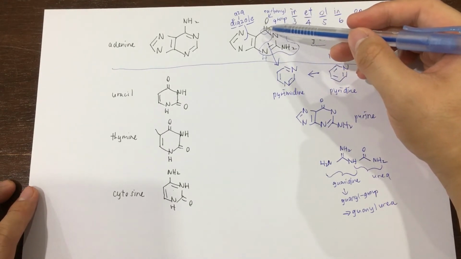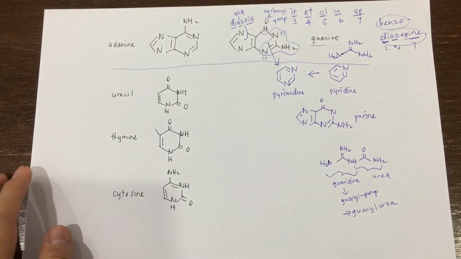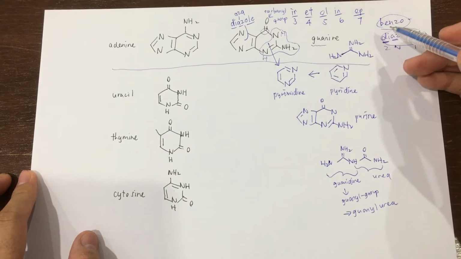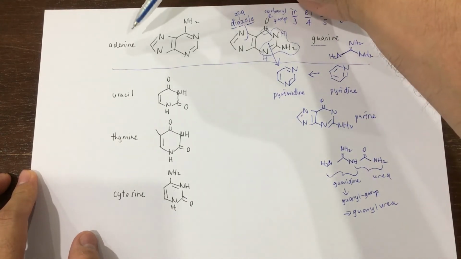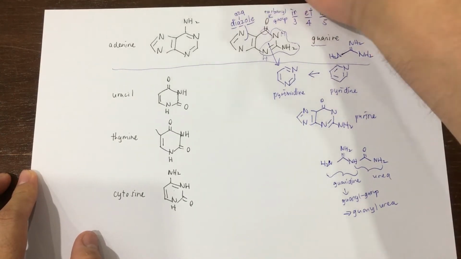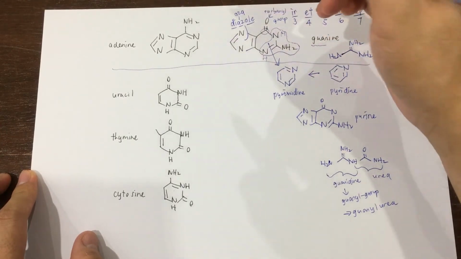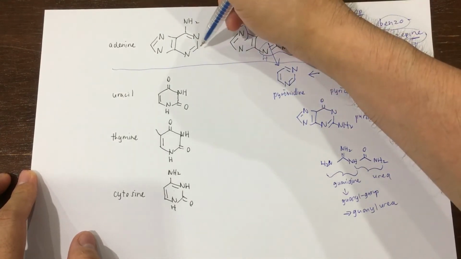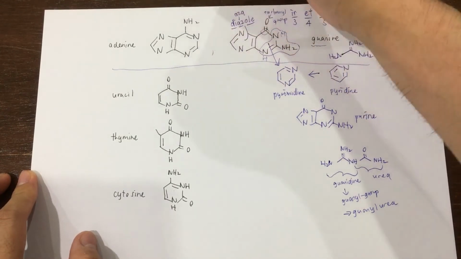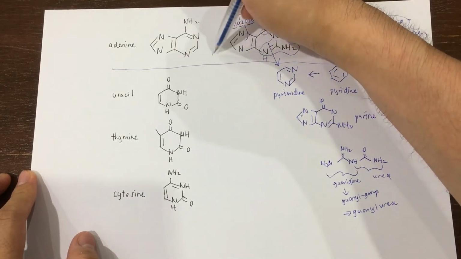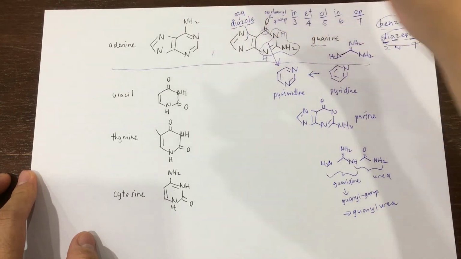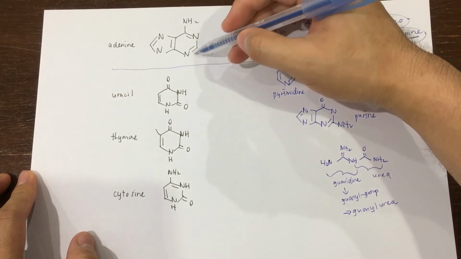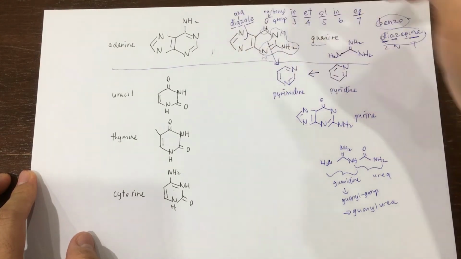Okay, so now let's use the similar knowledge that we have to analyze the structure of adenine right here. So in adenine, of course, there is an absence of guanyl group. There is no nitrogen here, no amino group here, similar there, which does not make up a guanyl moiety, right?